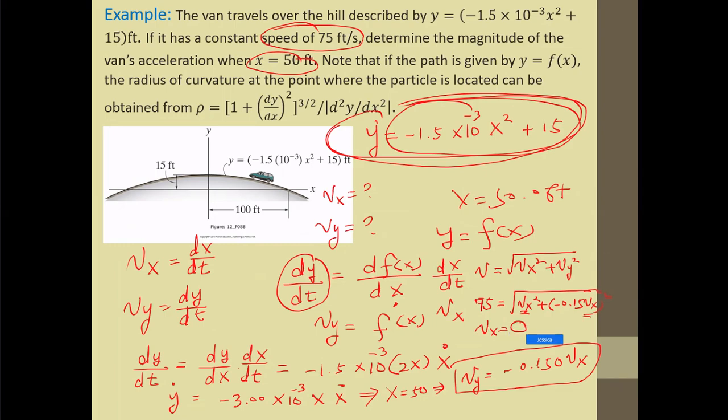And then the relationship between vx and vy is this. Then plug the vx value into there. We solve for vy, right? But we notice that if vx is positive, then vy is negative, and vice versa. But when x is 50, halfway between here, the velocity is tangent to the path.